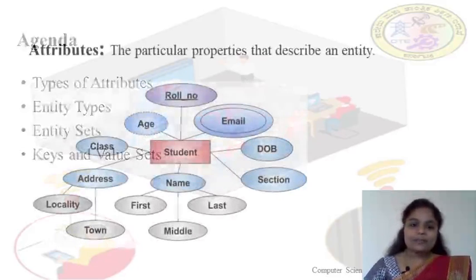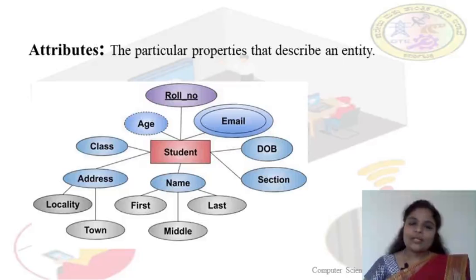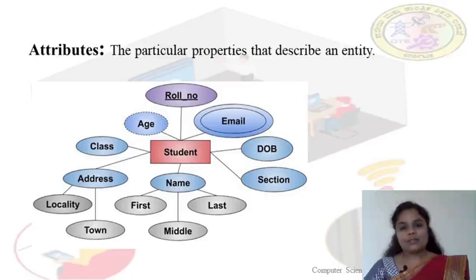Let's start. First of all, to continue from the previous session, we understood that an entity means a real world object which we can physically feel or see, so that will be considered an entity. What are attributes? Attributes are the particular properties that describe an entity.